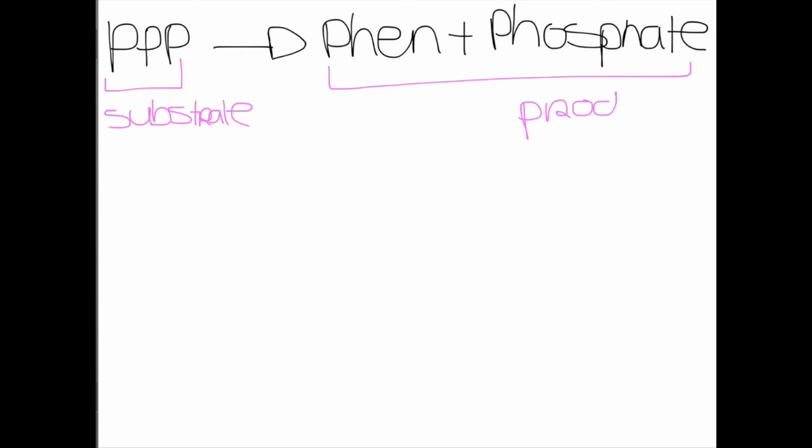Over here is our product, so what the enzyme's creating, and then our enzyme is represented here by our arrow, meaning that a reaction has occurred.